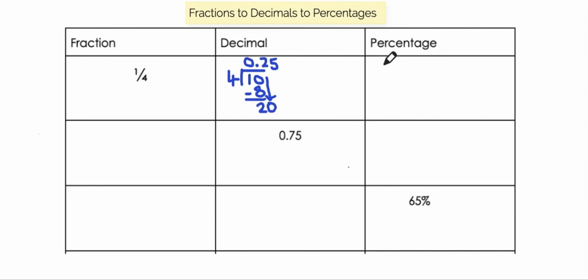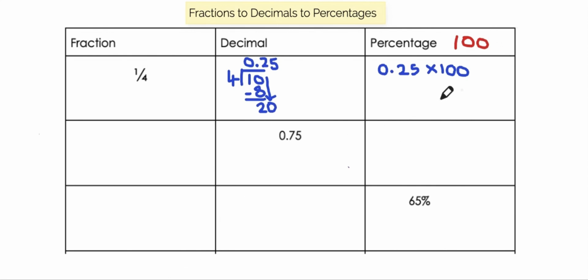How do we turn this into a percentage? You write down your 0.25, then you multiply it by 100. One thing that I want you to always know is this: whenever you hear the word percent, always think of the number 100.